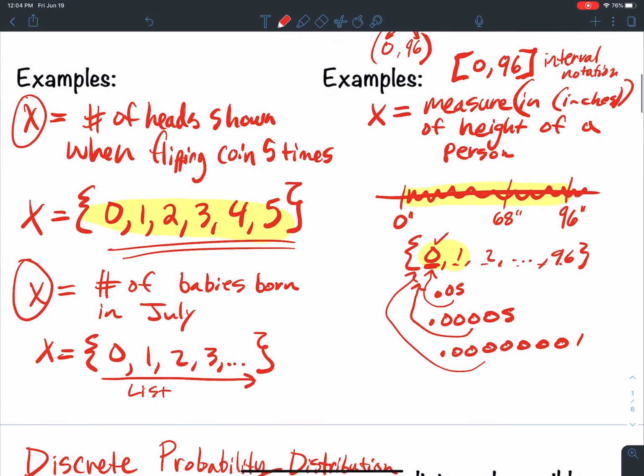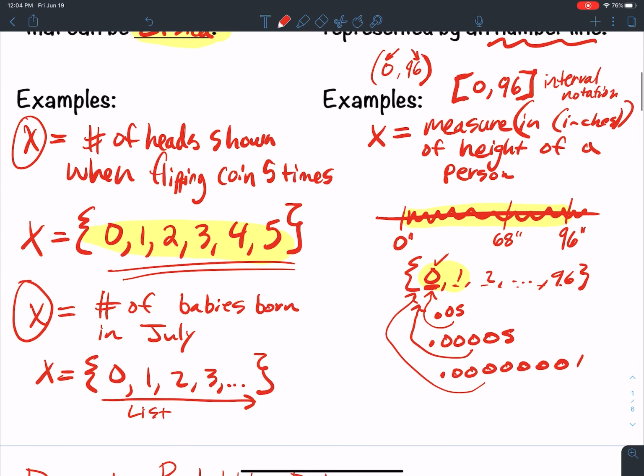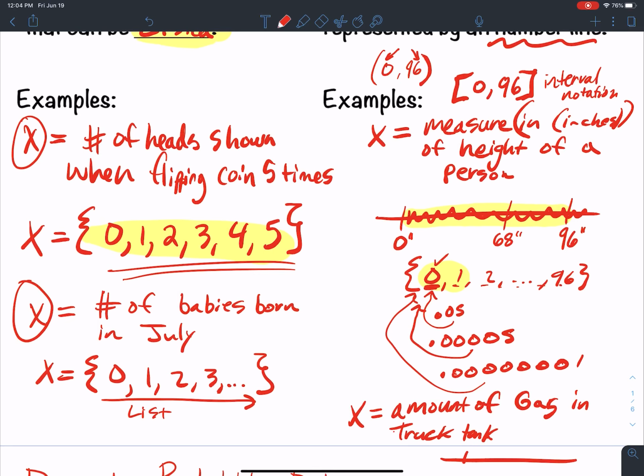Okay, another example you might run into would be like X represents the amount of gas in your truck tank. Okay, so how would we represent that with a number line? Maybe 0 is the least amount that you could have, and maybe 24 gallons is the most you can fit in your truck.